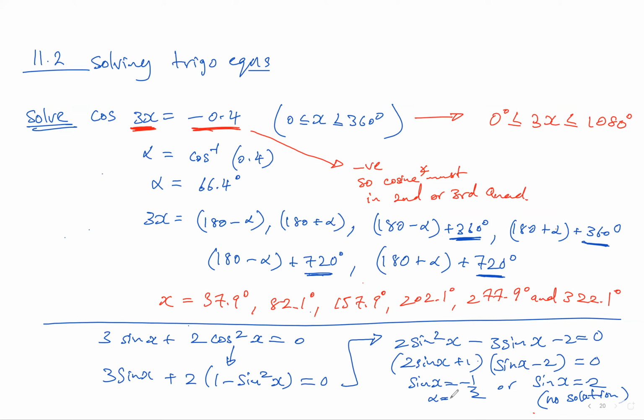So alpha is 30 degrees because it is in the third and fourth quadrant. Third quadrant is 180 plus 30, how much? 210, then 330. This is your answer.